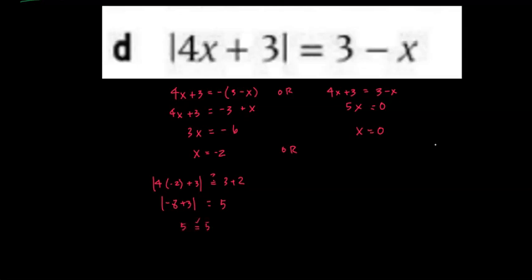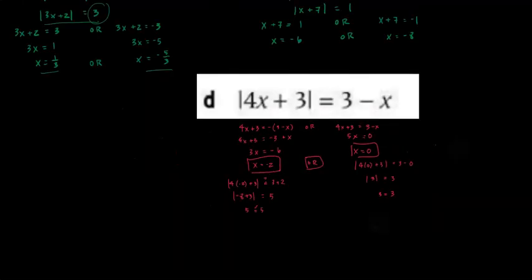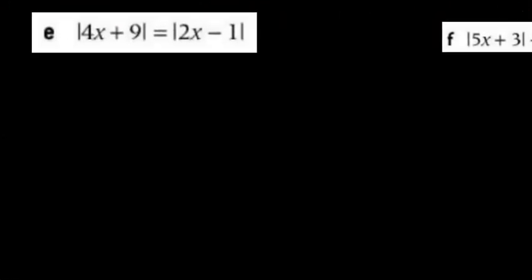This checks out. We have 4 times 0 plus 3 equals 3 minus 0. So we have 3 equals 3. They both check out. Good job, guys. Let's keep on going.